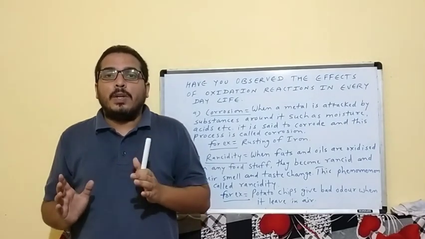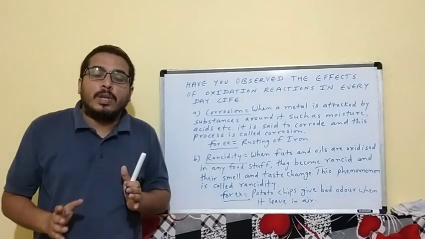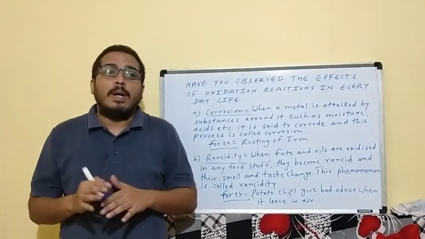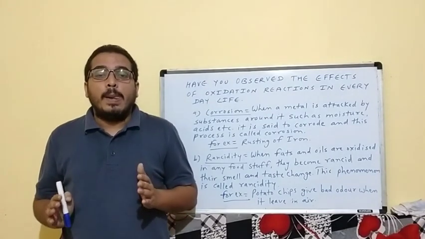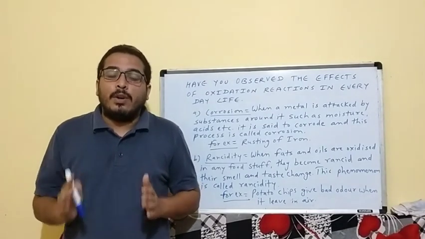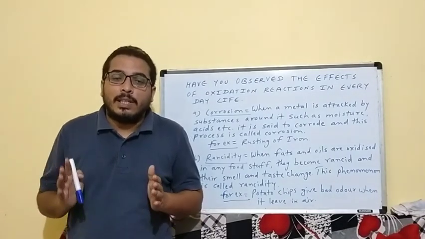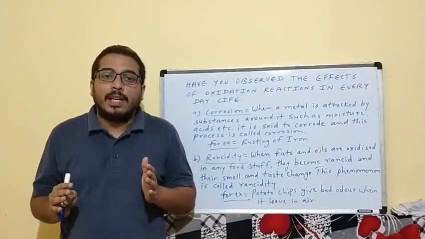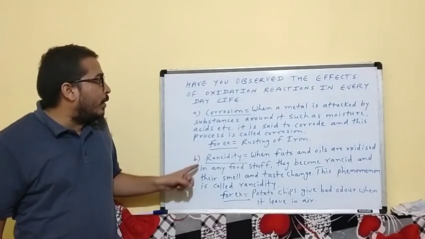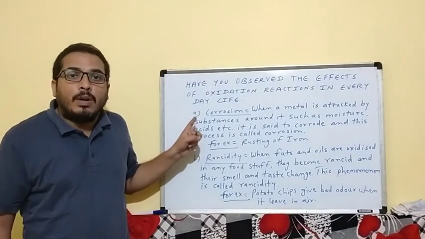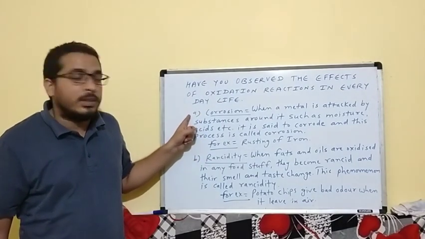This phenomenon is also related to oxidation reactions. We know that an oxidation reaction is one in which a substance gets oxidized. In these two observations, first we will see corrosion.